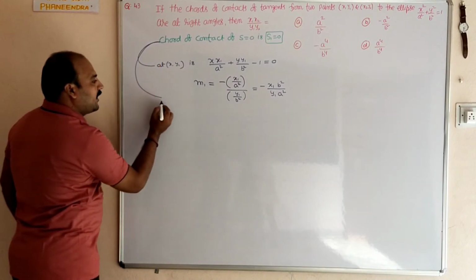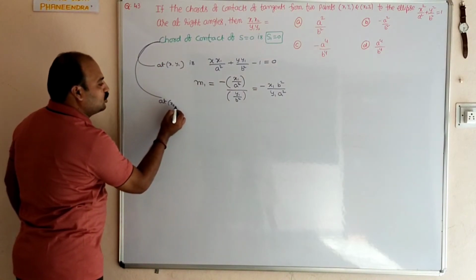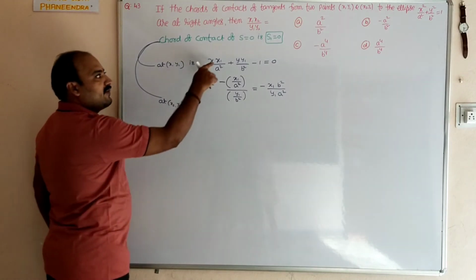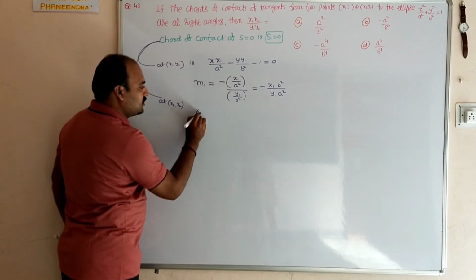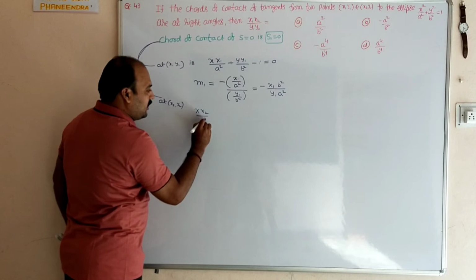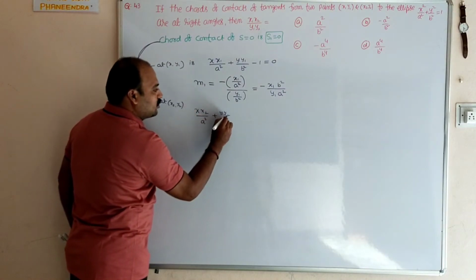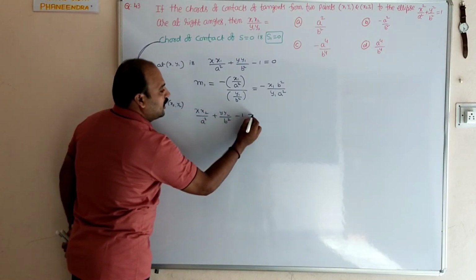Similarly, the chord of contact at (x2, y2). Wherever x1 y1 is there, we write x2 y2: x2 by a square plus y2 by b square minus 1 equal to 0.